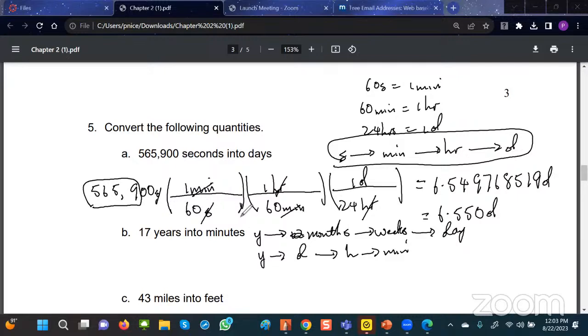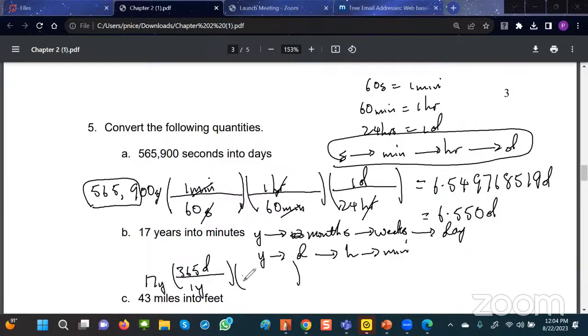Okay, so what's the next step? Start off with the 17 years, right? So what would be the conversion factor going from years to days? What would go up top and what would go below? 365 days above and 1 year below. Okay, very good.